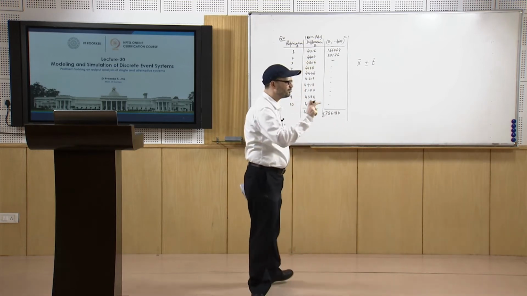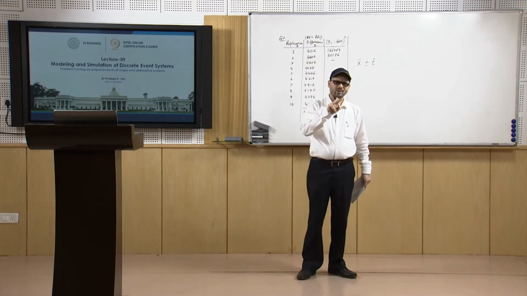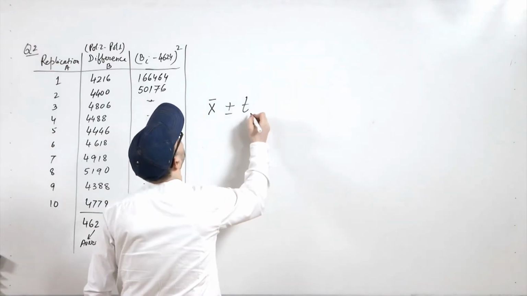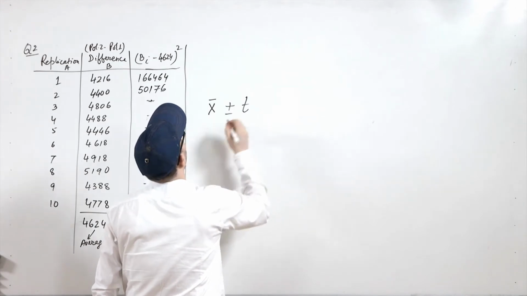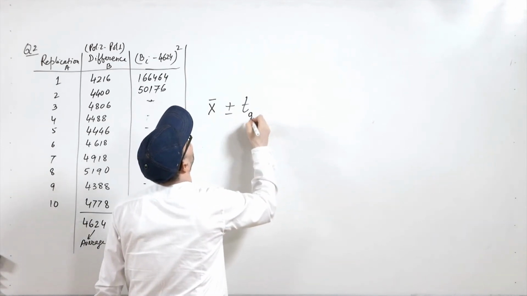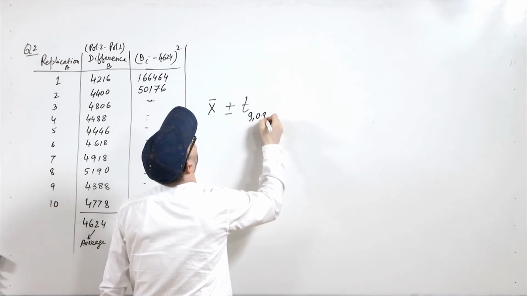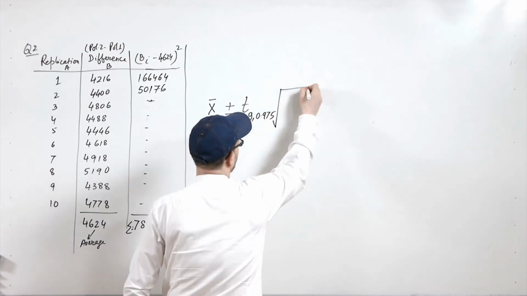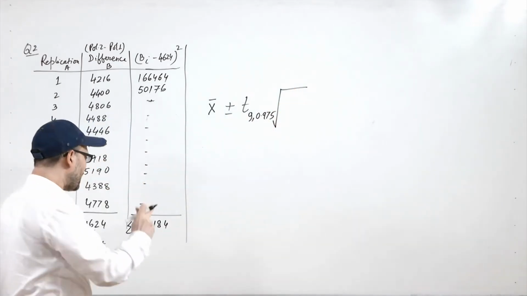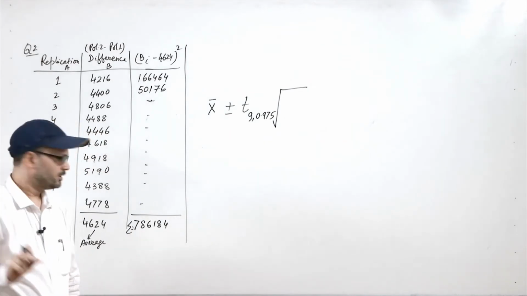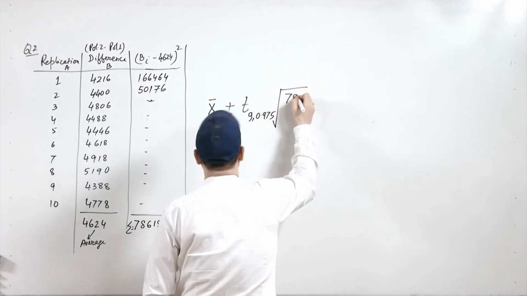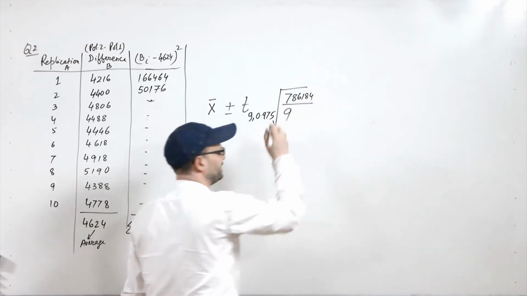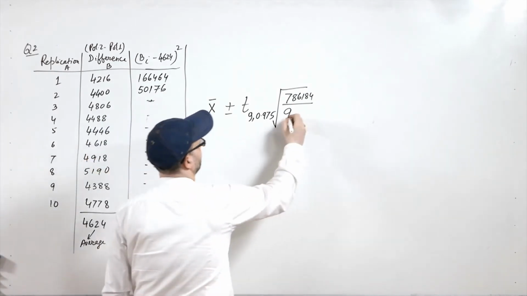So 1 minus alpha by 2 will be 1 minus 0.025, so it will be 97.5%. So n minus 1 is 9, and then 0.975, and then S square n by n. S square n will be 786,184 by 9, and then further divided by n, that is 10. So 90.